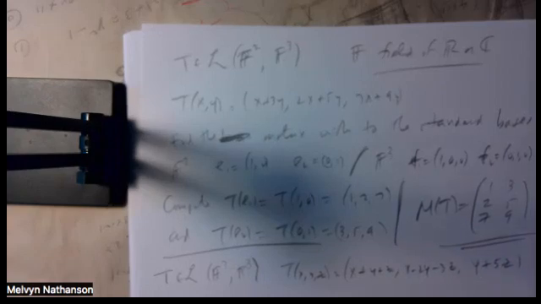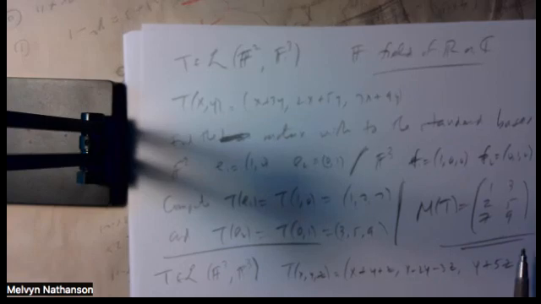Suppose I take T, let's say from F3 to F3. So this is a linear map from three-dimensional space to three-dimensional space. And let's say T of x, y, z is x plus y plus z, x minus 2y minus 3z, y plus 5z.